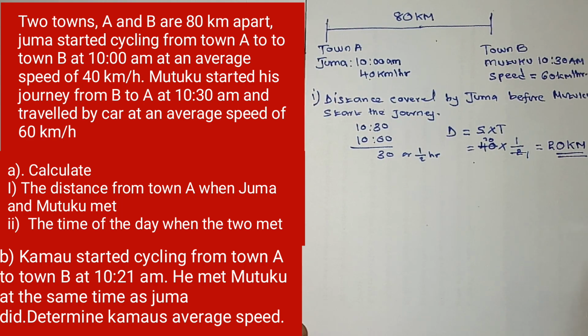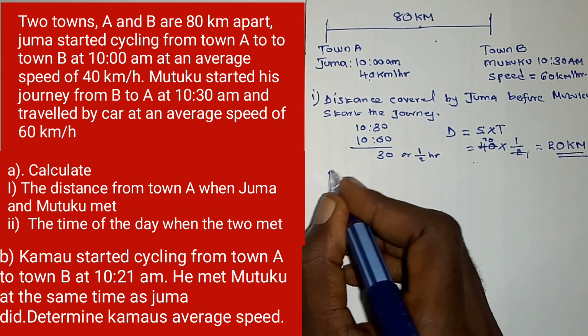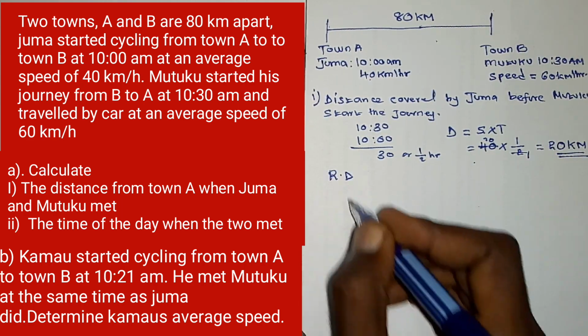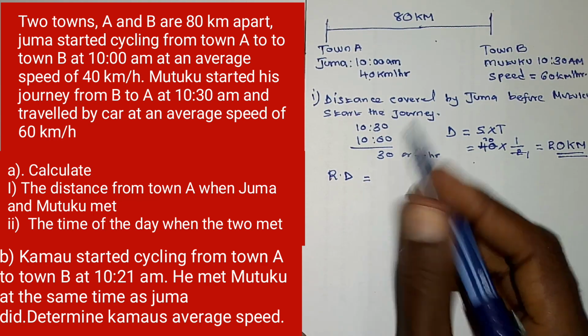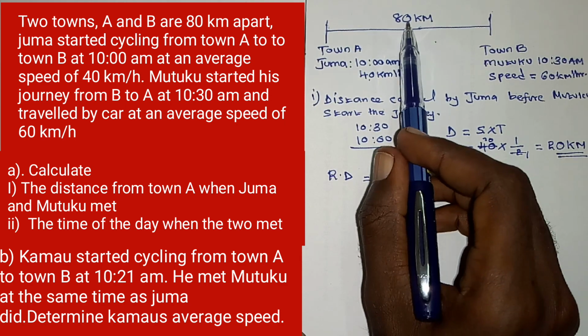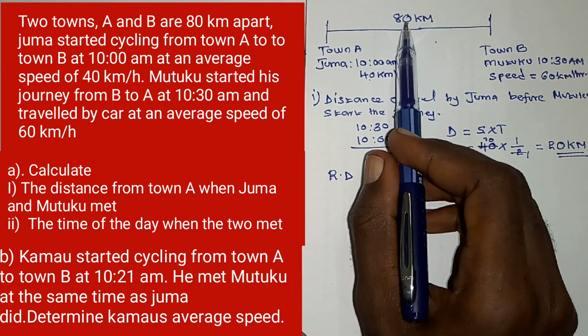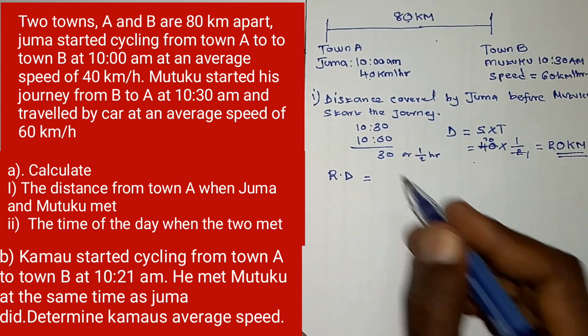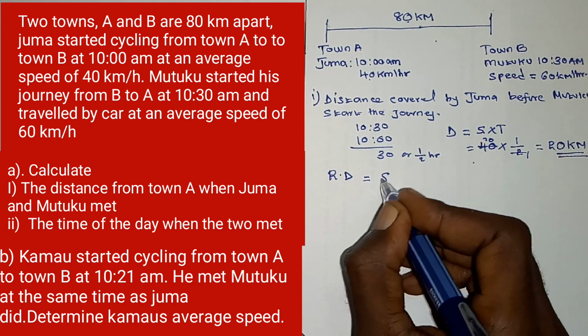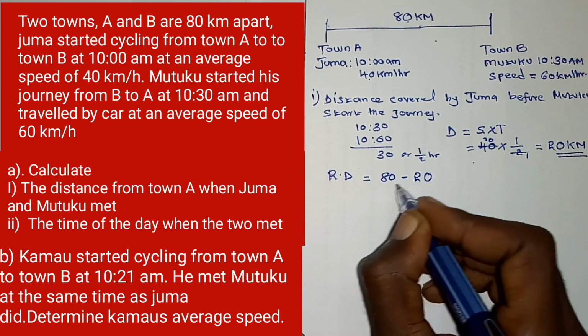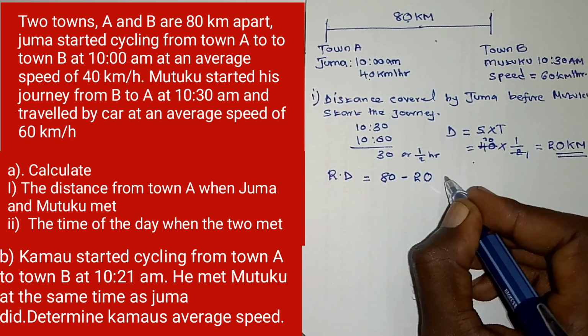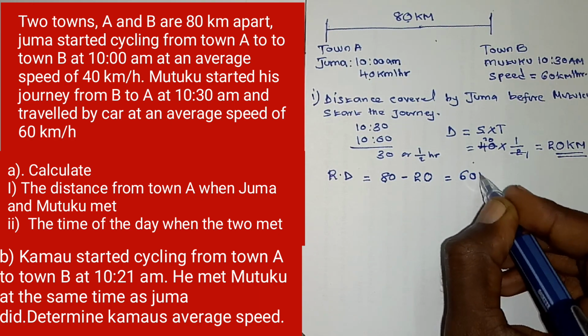Then let us get the relative distance between Juma and Mutuko. The total distance is 80 and the distance covered by Juma is 20. Relative distance is 80 minus 20, we get 60 kilometers.